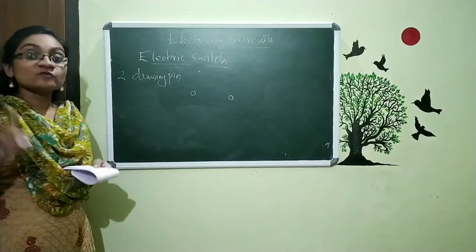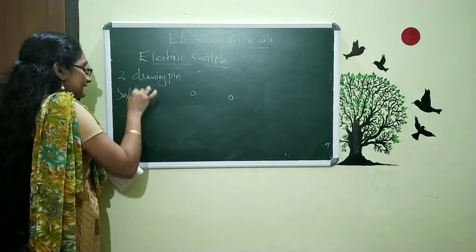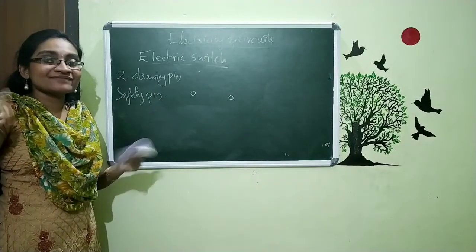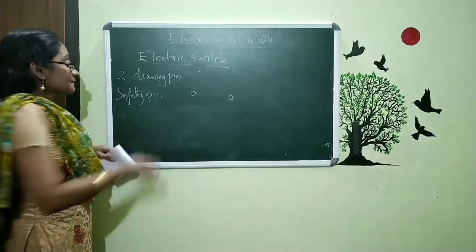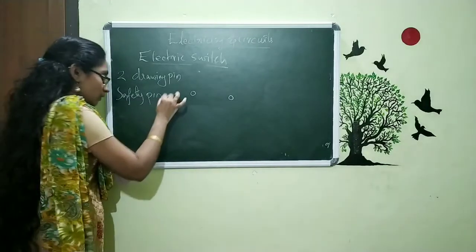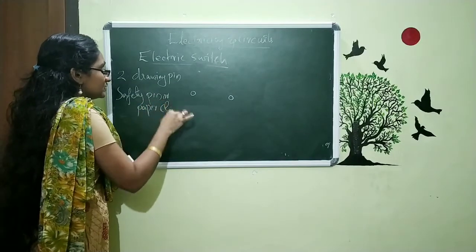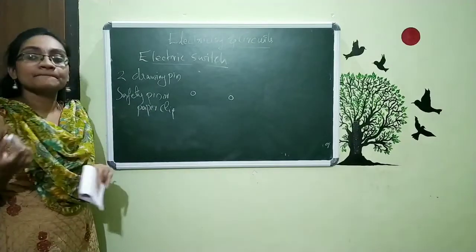Then next I want a safety pin. A safety pin means what we put on our saree. Or you can use a paper clip. You can use either a safety pin or a paper clip.